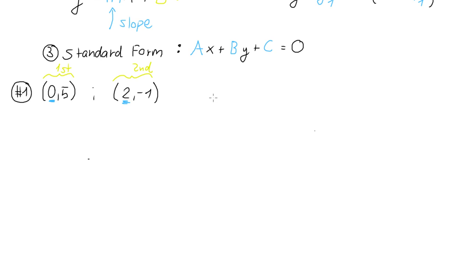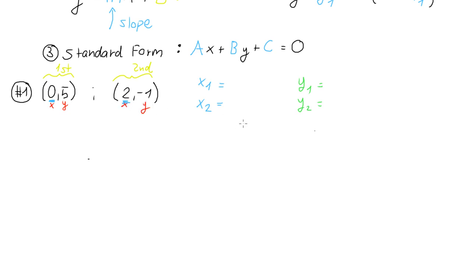The first step I really recommend is to write down what your x1, x2, y1, and y2 are. We know these coordinates: the first number is always x, and the second number is always y.